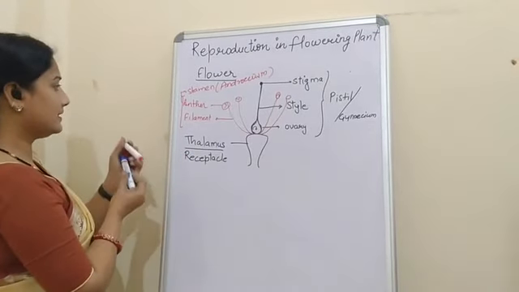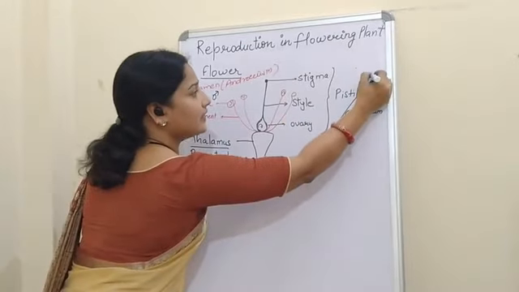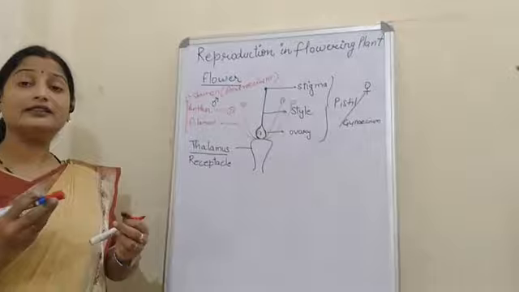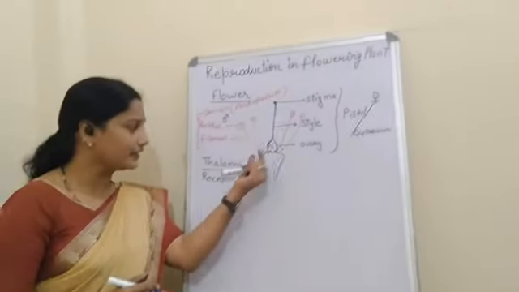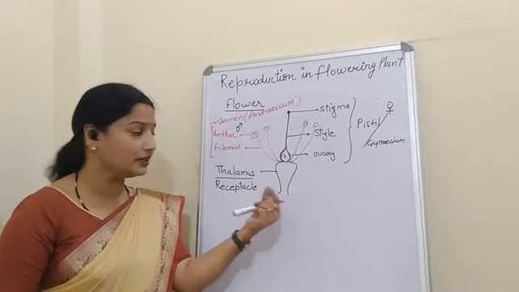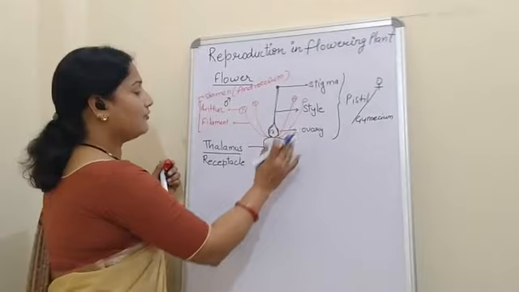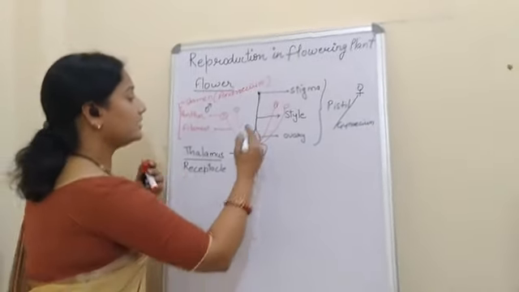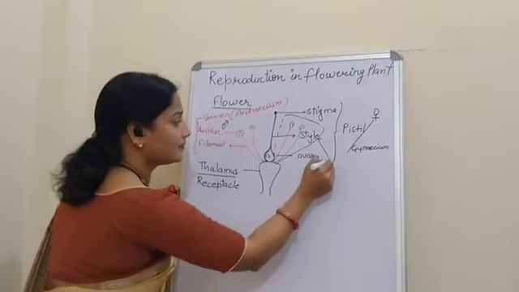Now, this is the male part of the flower and this is the female part of the flower. So, these are the innermost whorls of the flower that are found on the receptacle or thalamus. Afterwards, we come to the next structure that is called the petals.